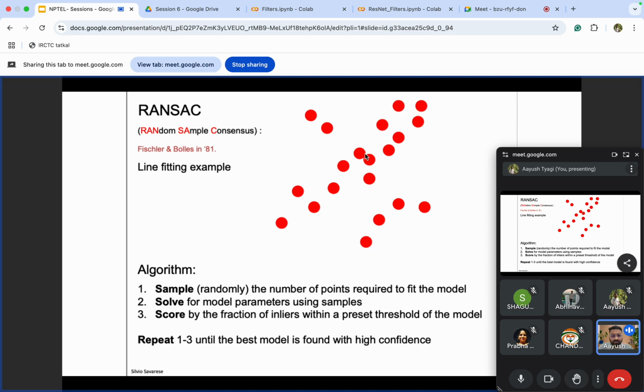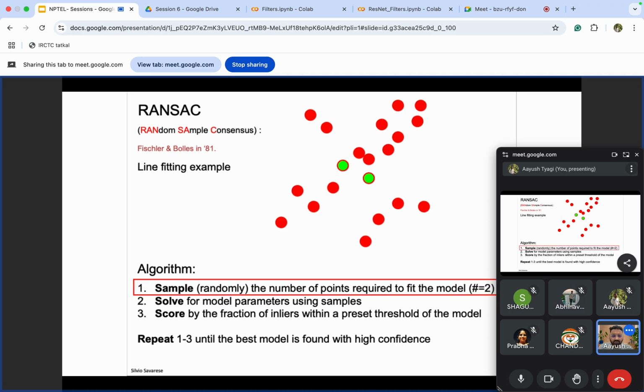Suppose these 2 points are within my threshold, so I am fine, I'll consider these two as my inliers. This also as my inlier, but these 2 points which are far away from this line are called the outliers. And I'll keep on repeating this process again and again until I find a line which has the maximum number of inliers.